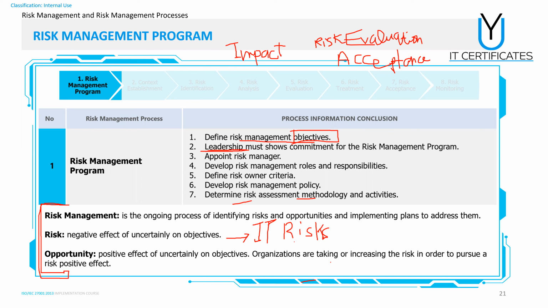But usually when we are speaking about enterprise risks, we have another concept, which is called opportunity. And opportunity is a positive effect. What is a positive effect? Just to understand the concept, let me give you an example.